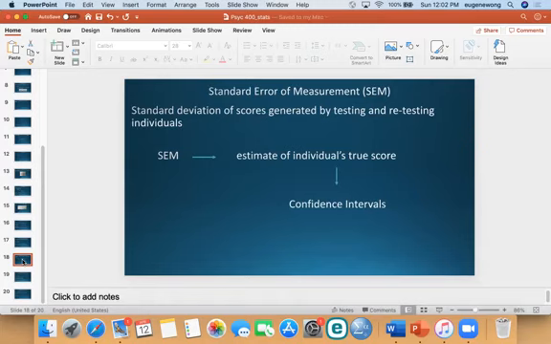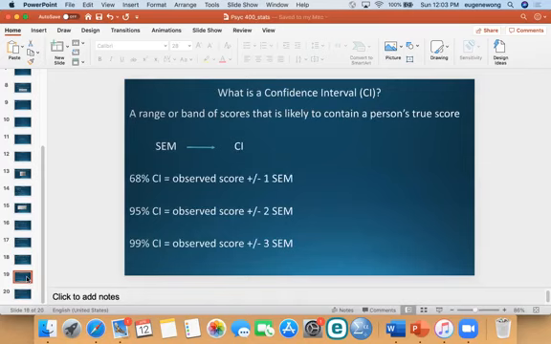So what I have to show you now is how we would calculate a confidence interval. There are 3 confidence intervals that we can calculate: a 68%, 95%, and 99% confidence interval, or CI.